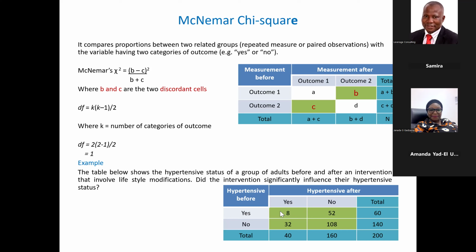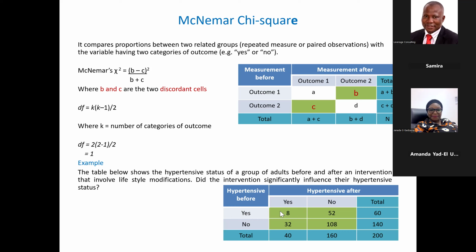So if you look at the table below, 52 were hypertensive before and became non-hypertensive after. So it has changed. Then 32 were not hypertensive before, and they became hypertensive after.